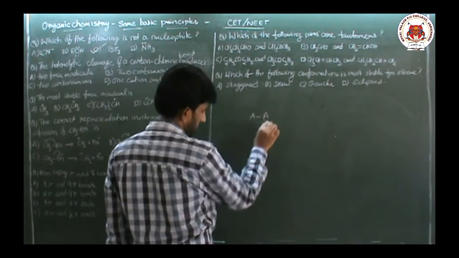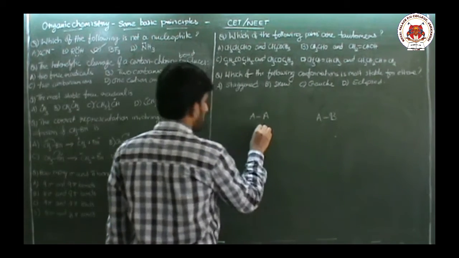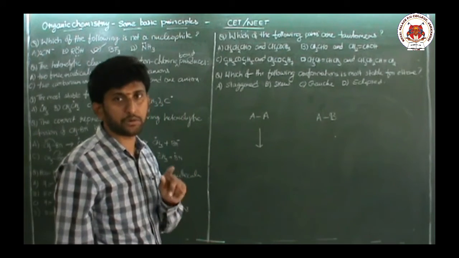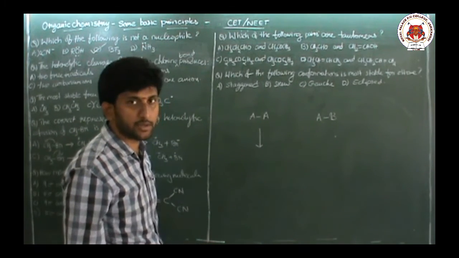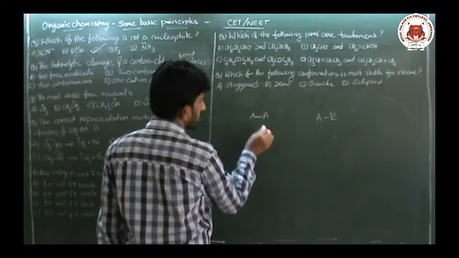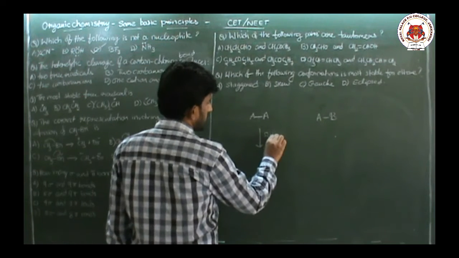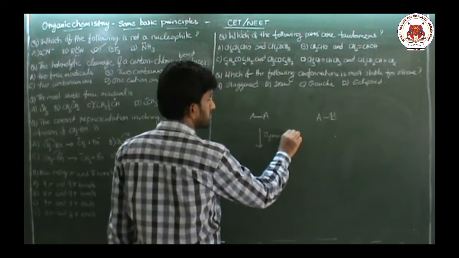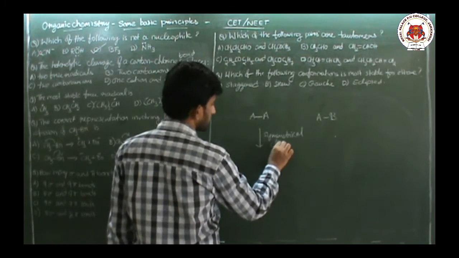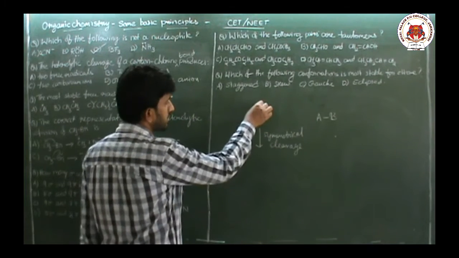Basically, if a bond is cleaved between two atoms with the same electronegativity, like A-A, so if this kind of bond is cleaved, that is symmetrical cleavage of the bond.